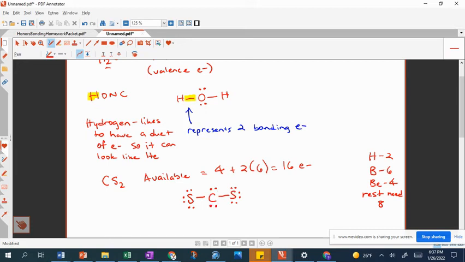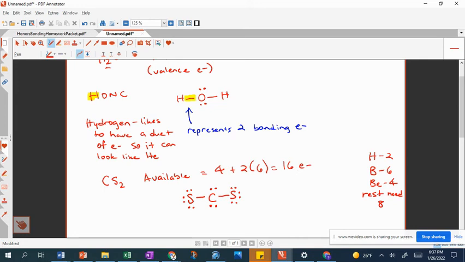Now, if we count the number of electrons we're using, we should have 16 electrons if our structure is using the correct number of electrons. So let's check. We're using 2, 4, 6, 8, 10, 12, 14, 16, 18, 20. We're using too many electrons.